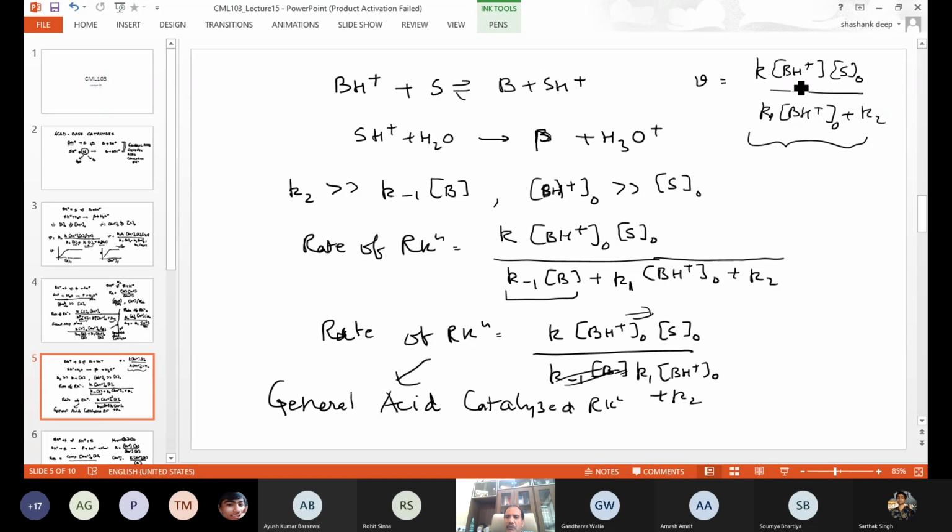Now it is not dependent on the BH plus by B concentration, and that's why this is a general acid catalyzed reaction. So it all depends on the value of the rate constants. If K2 is quite less than this, then you have a specific acid catalyzed reaction. If K2 is quite greater than this, then it is a general acid catalyzed reaction.